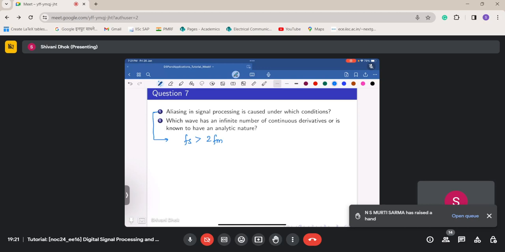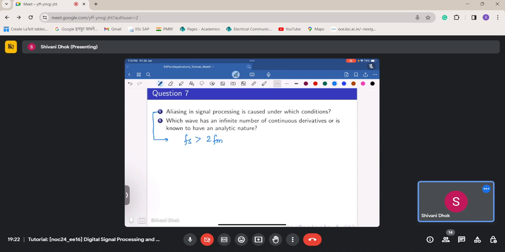Is aliasing completely evil, or can it be useful somewhere? It can be useful somewhere, but I can't recollect the applications. I can get back to you in the next lecture.